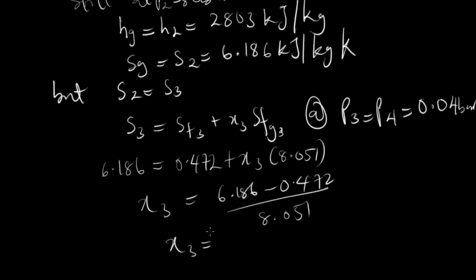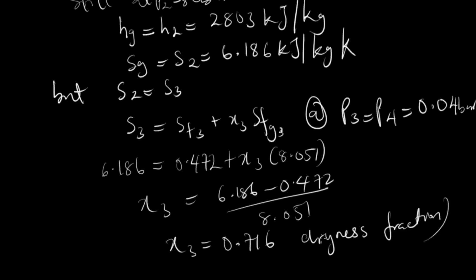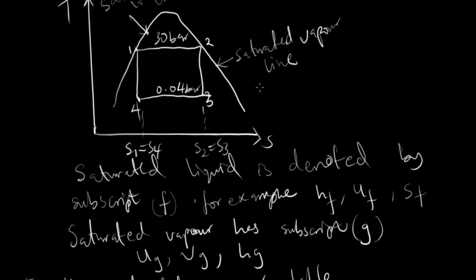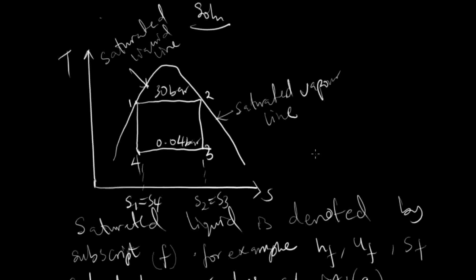x3 will now be 0.761. That is the dryness fraction. And why did we find the dryness fraction? Just like I said before, anything inside this region is the wet region.